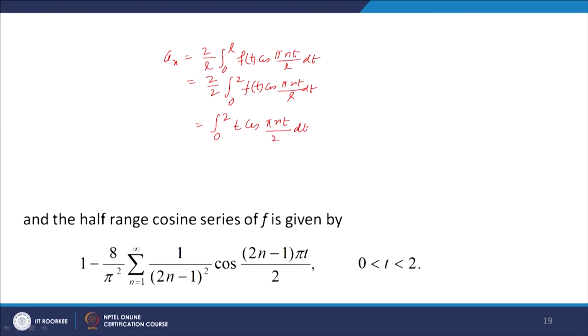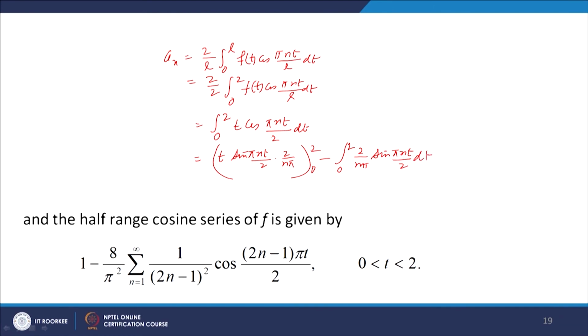Now, we can integrate it by parts. So, we get t times sin(pi n t / 2) into 2 over n pi, from 0 to 2, and then minus integral from 0 to 2, and we get the derivative of t is 1. So, 2 over n pi sin(pi n t / 2) dt.